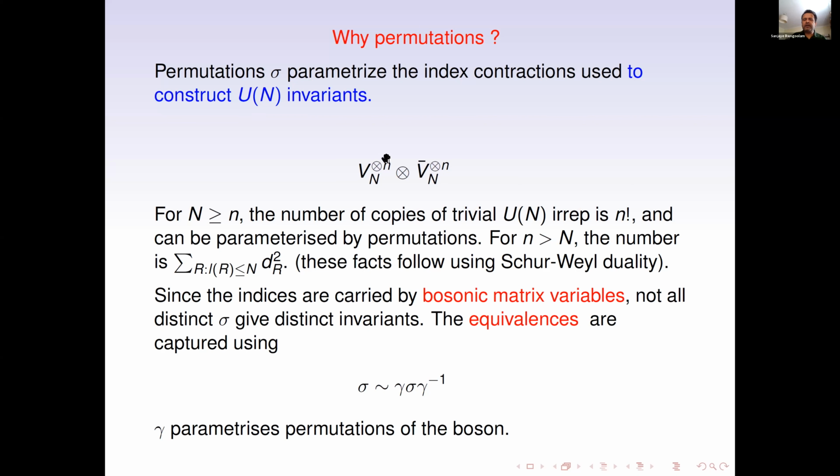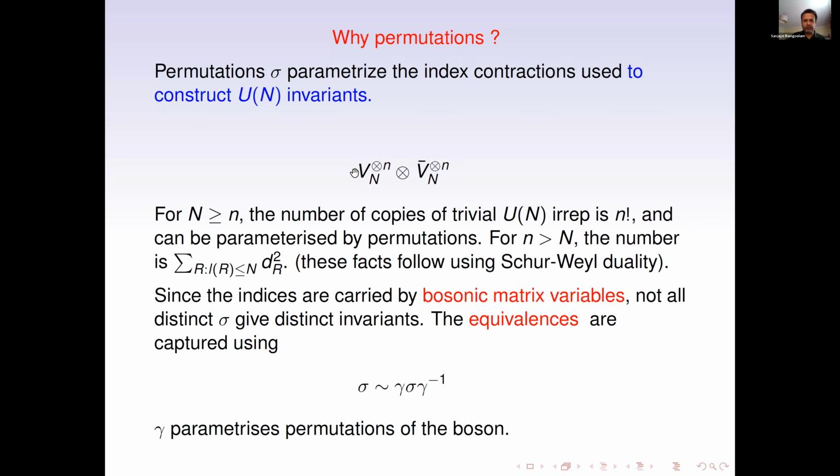number of fundamental indices and some number of anti-fundamental indices. And in order to get an invariant, these must be equal. The number of upper indices must be equal to the number of lower indices. So a fundamental fact in representation theory is that if you take this tensor product and you ask how many times does the trivial representation of UN appear here, that number is n factorial.